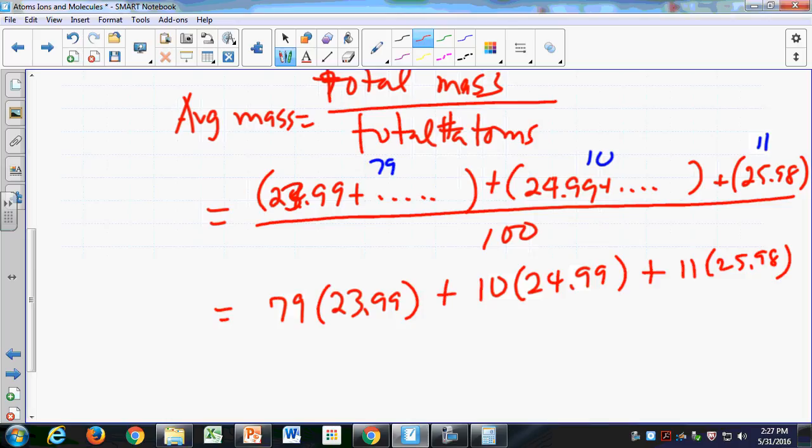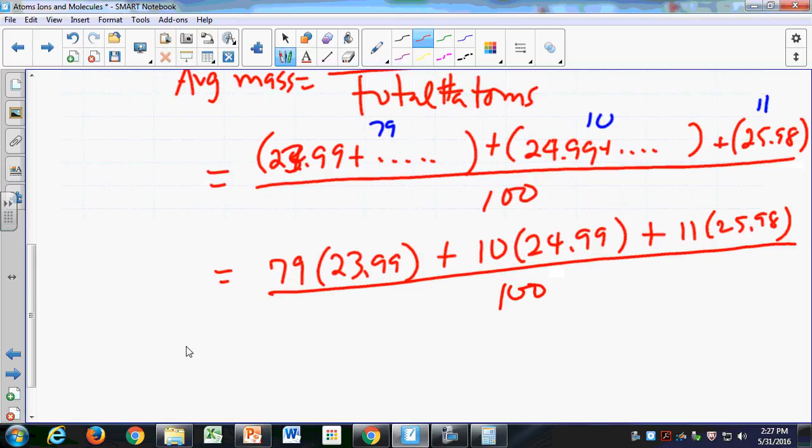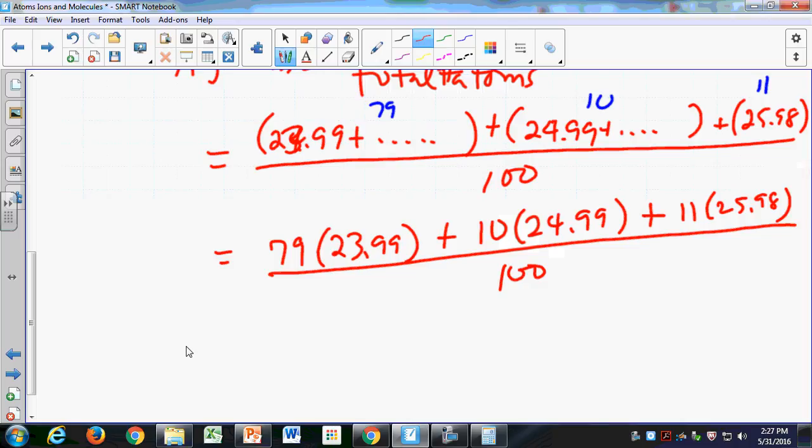That's the mass of the magnesium 26 isotopes, divided by 100. You can work it out now if you want to, but I want to work this out differently so that you can see where the formula comes from.